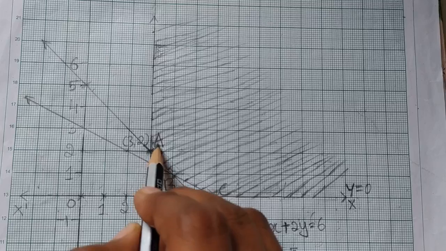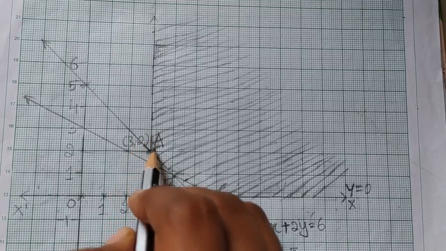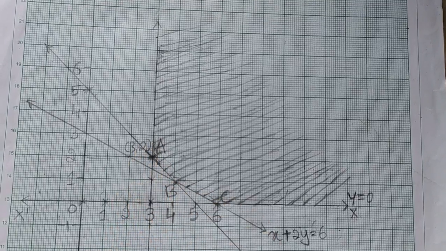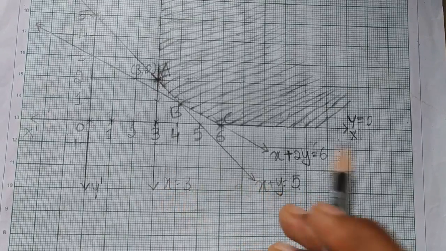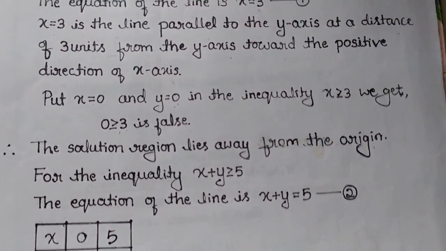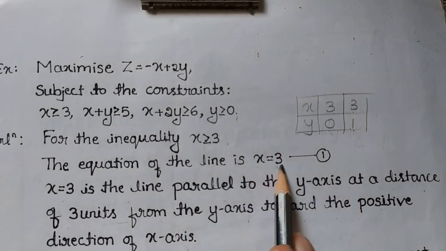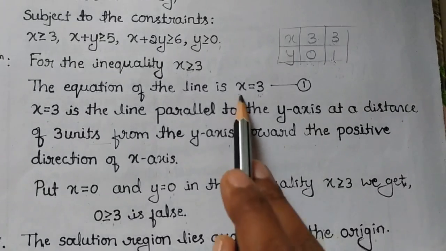Or you can also determine this by solving the equations. I'll solve the equations to find the coordinates of A. x equal to 3 is the first equation and this is the second equation. Let us solve equation 1 and equation 2. Equation 1 is x equal to 3. Equation 2 is x plus y equal to 5. The coefficients of x are equal in both equations.